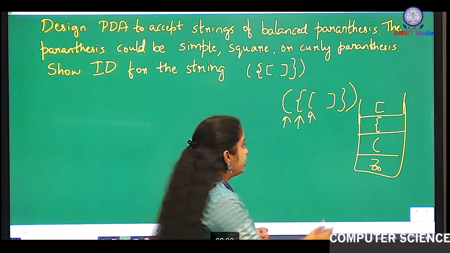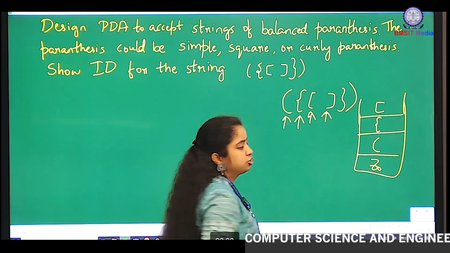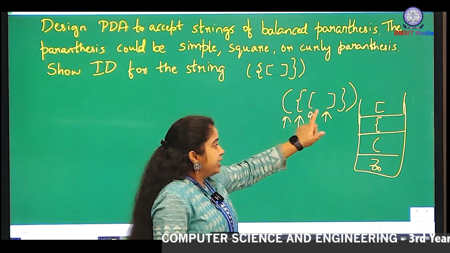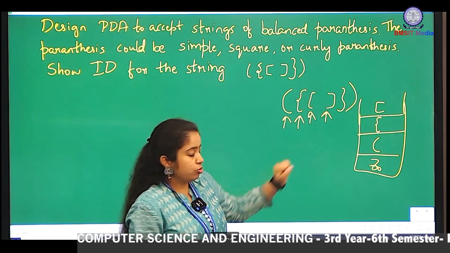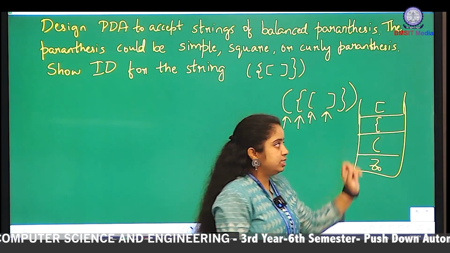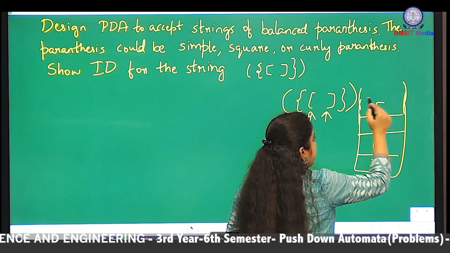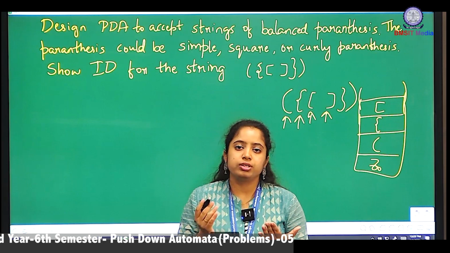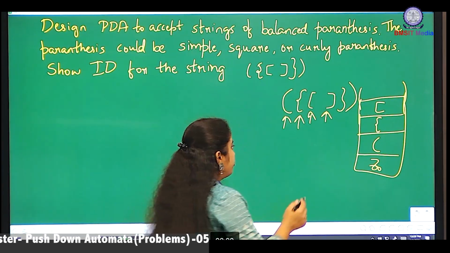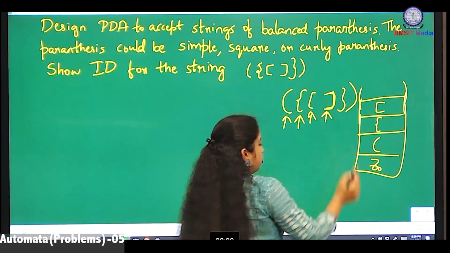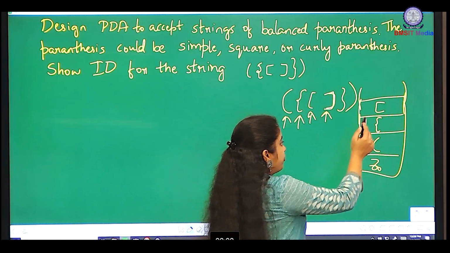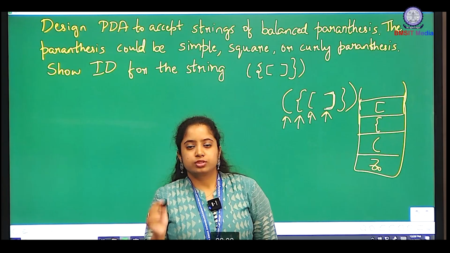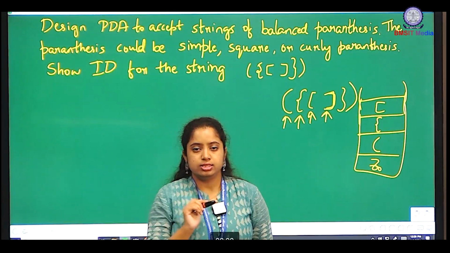So now you are reading a close square parenthesis. When you are reading a closed square brace, you have to see the corresponding opened element in the stack. Then only the string will be balanced. So if you are reading a closed square brace, you have to find an open square brace in the stack.